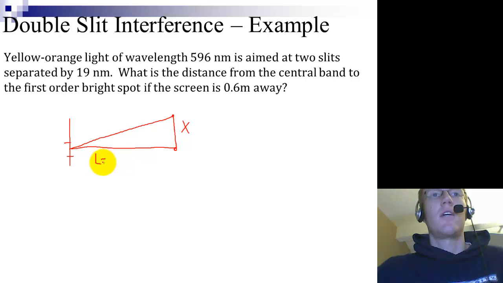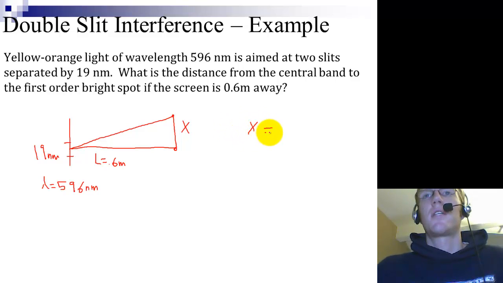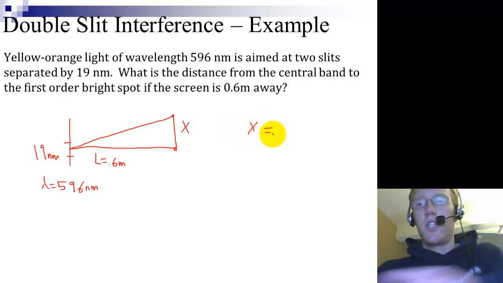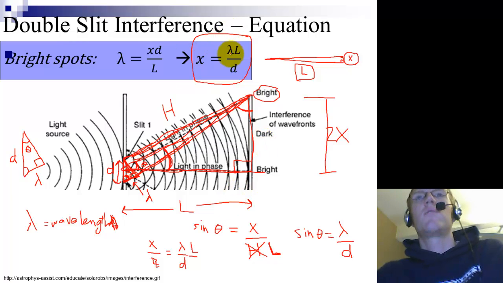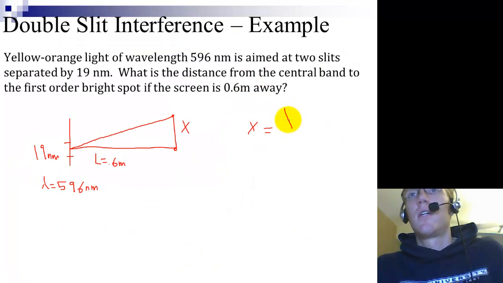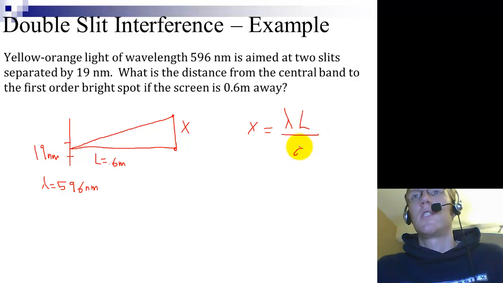We've got the screen L equals 0.6 meters. The distance between the slits is 19 nanometers, and the wavelength of light, I'll put that over here, 596 nanometers. Okay, so we can use our formula. x equals, let's check what our formula is. x equals lambda L over d, and then we can plug in our numbers.